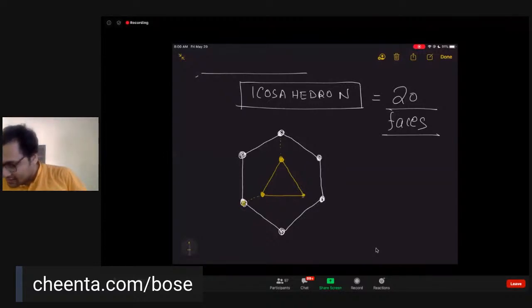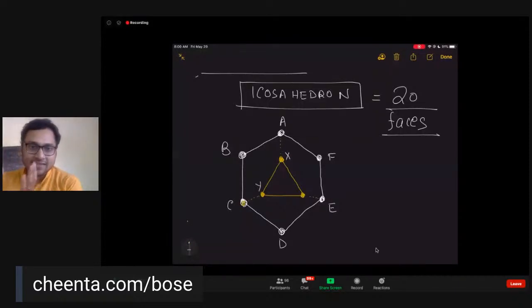The second vertex was put in front of another vertex of the hexagon, and the third vertex likewise, alternately. If the 6 vertices of the hexagon are A, B, C, D, E, F, I put the first one with A, the second with C, skipping one, and the third with E, skipping another one.